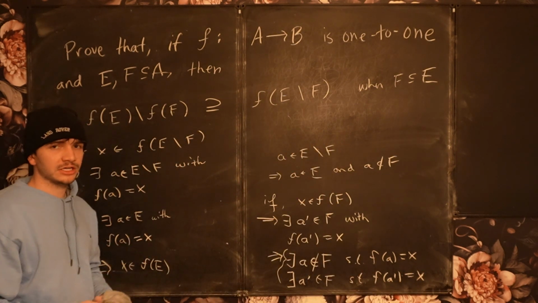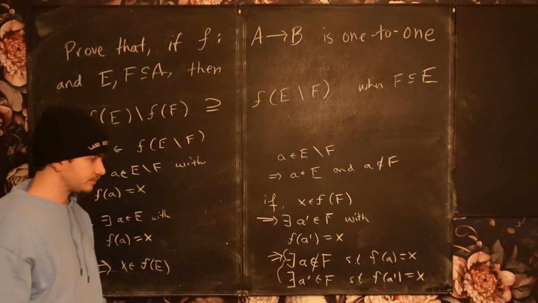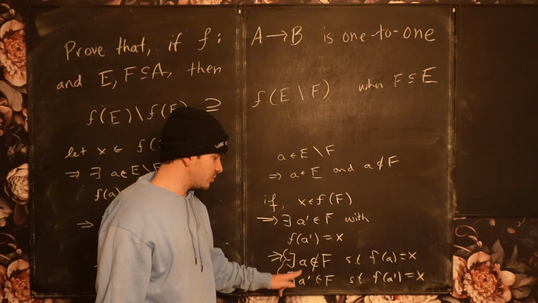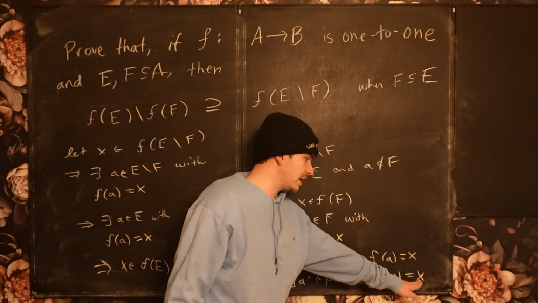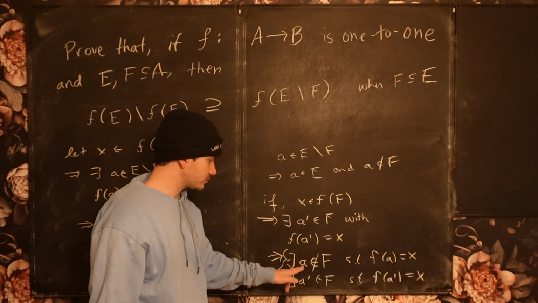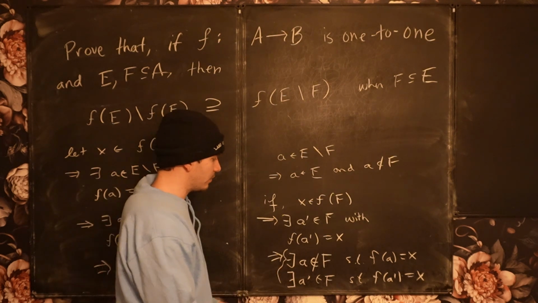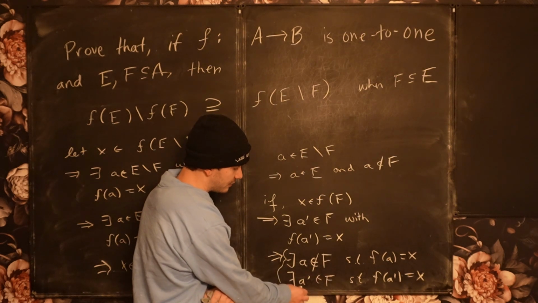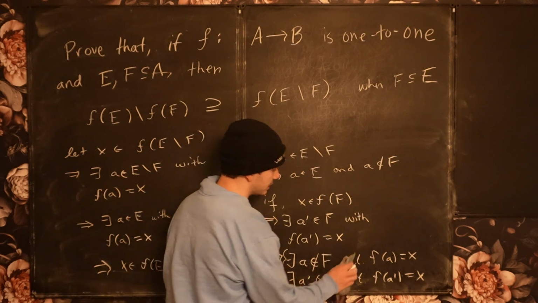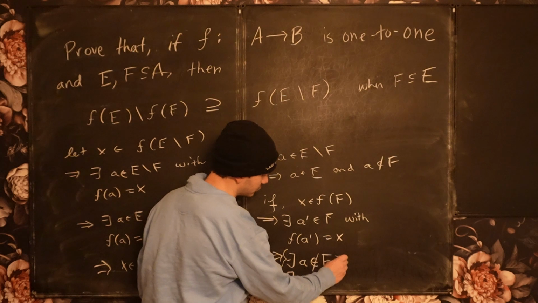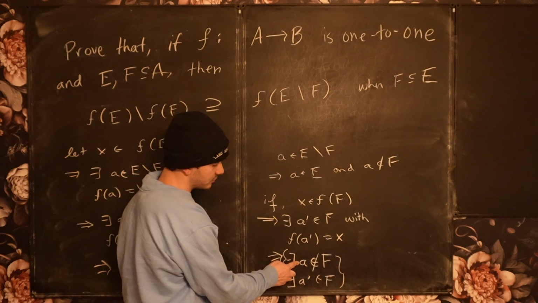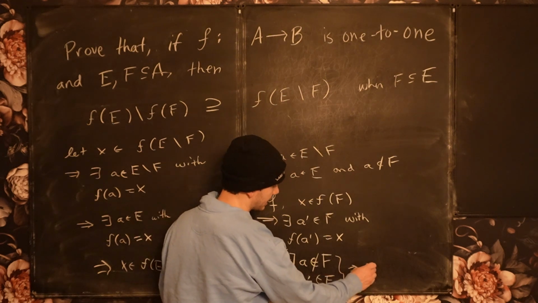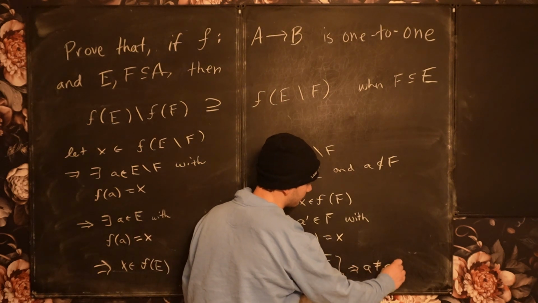This is a contradiction of the fact that f is 1 to 1. Since f is 1 to 1, it cannot map two different elements to the same image point x. So A cannot equal A prime. A prime belonging to F and A not belonging to F tells me that A cannot equal A prime, right?